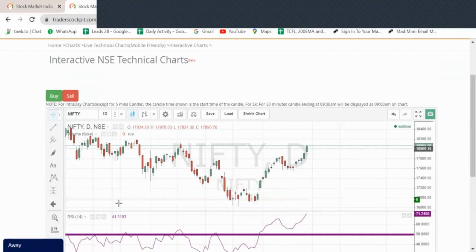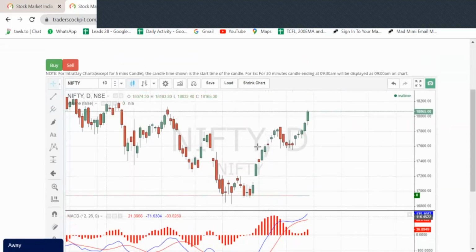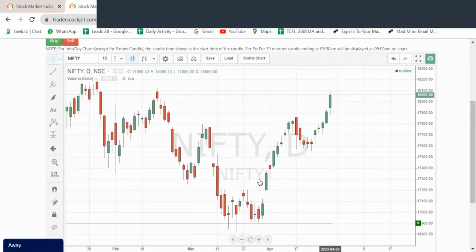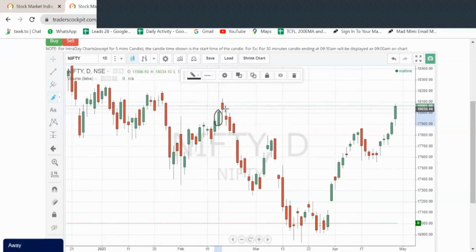I'll remove RSI, which is not required now. Here you can see this is the Nifty 50 daily candle. So where is 15th February? You have to mark it. 14th, 15th, this is the one. I'll mark this candle as 15th February, when PCR touched the resistance level.